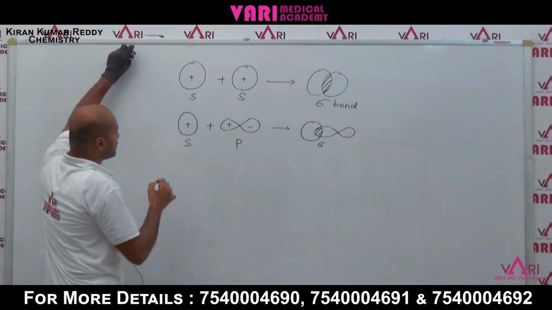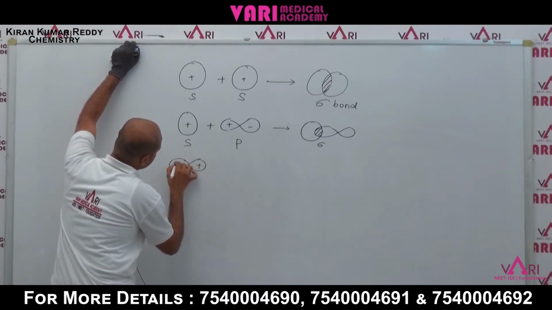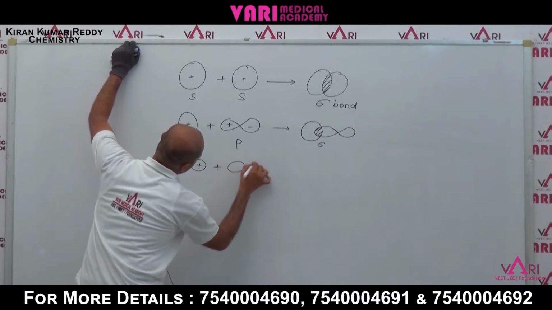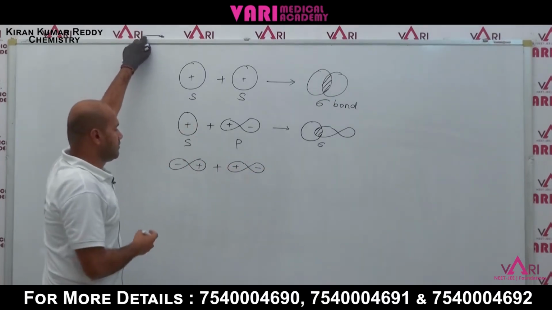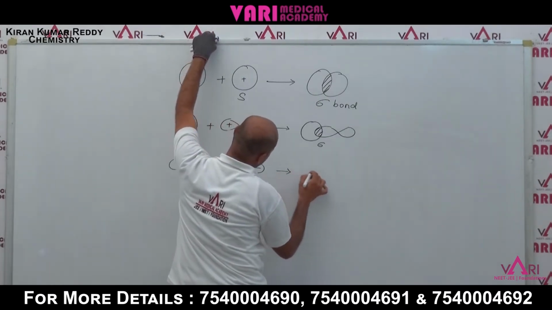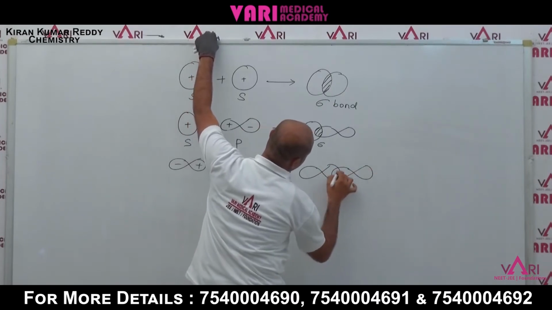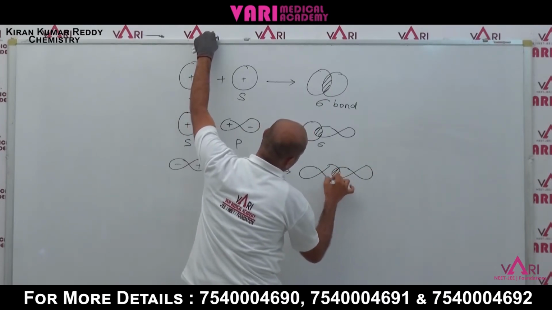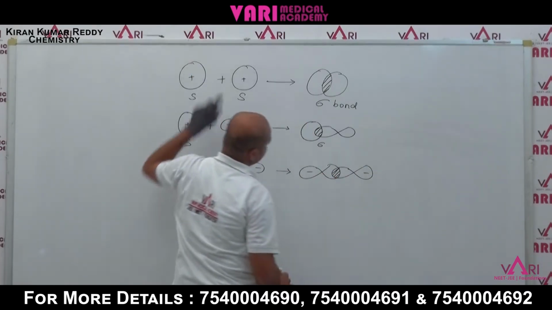Next, if you take a p orbital, plus here, minus here, and here also plus and minus, maybe pz, we can take, a sigma bond is formed. The lines are also like this, you can see minus and minus.